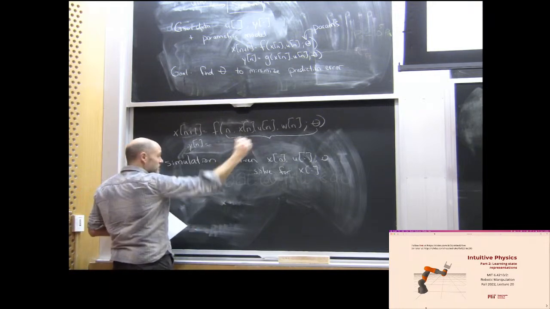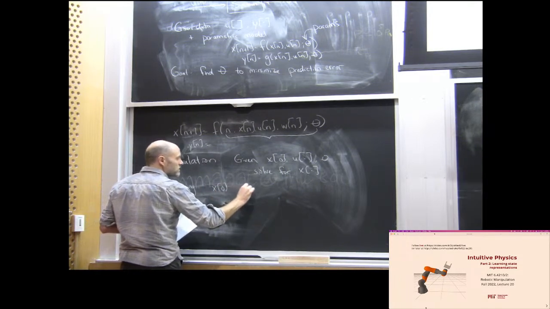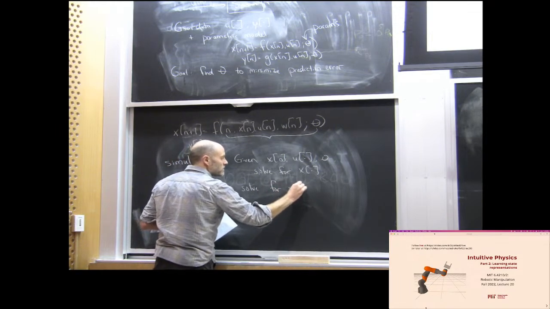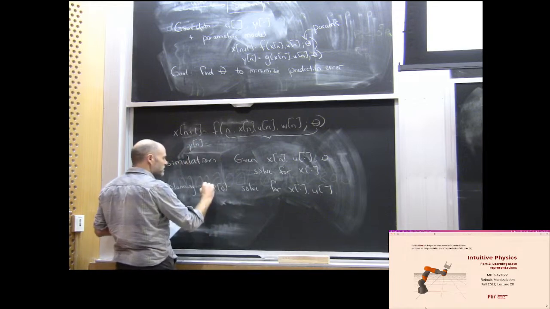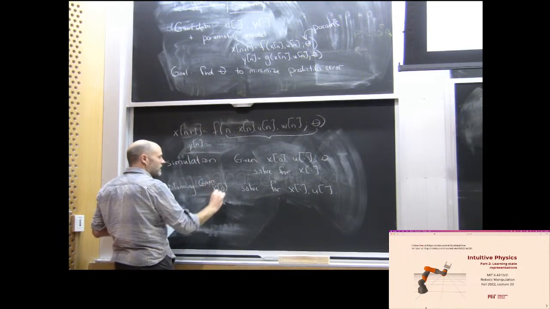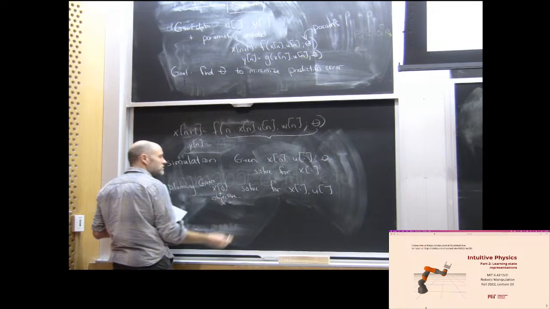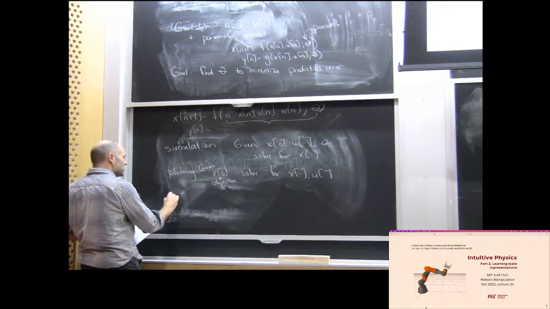And planning is just, if I'm given some objective, maybe I'm given x0, solve for some trajectory like this, given x0 plus an objective, solve for x. Okay?